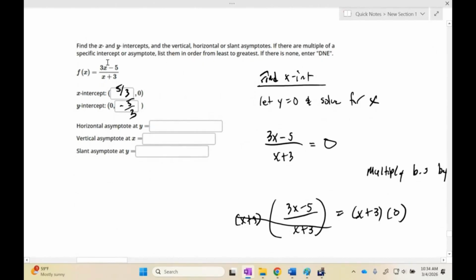It's 1. You're simply looking at the largest power on the variable. The degree of the denominator is also 1. So that means a horizontal asymptote exists.